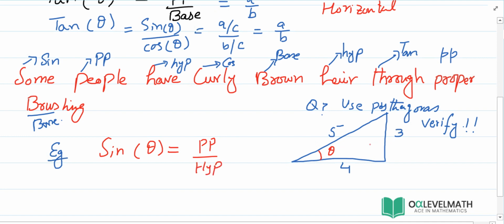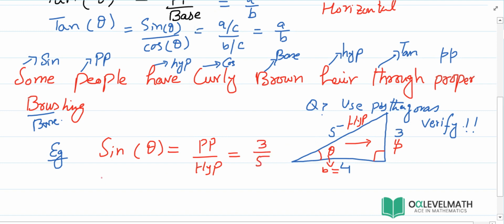The hypotenuse is opposite to the right angle, the perpendicular is opposite to theta, and the base is adjacent to theta. So b is equal to 4, p is equal to 3, and hypotenuse is equal to 5. So the sine theta ratio becomes 3 over 5.